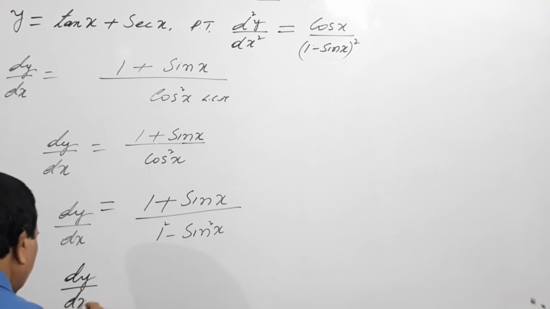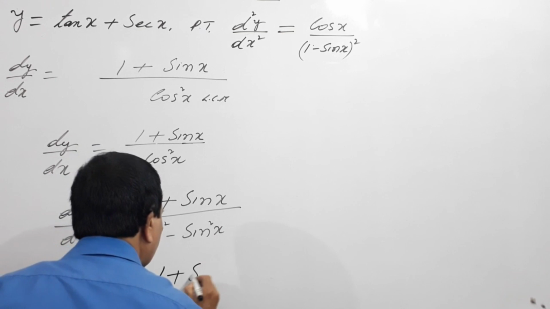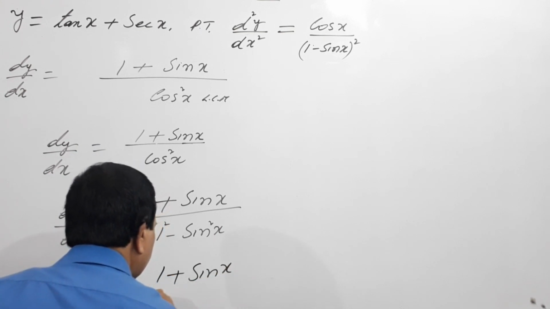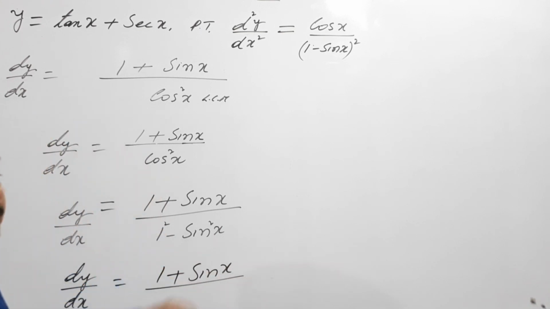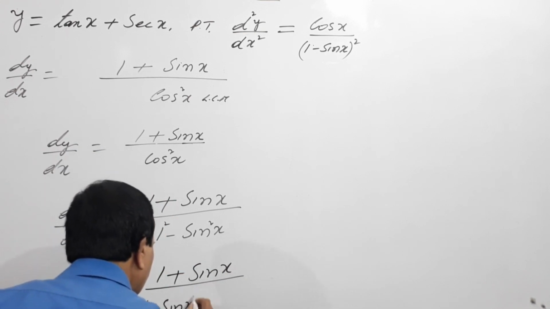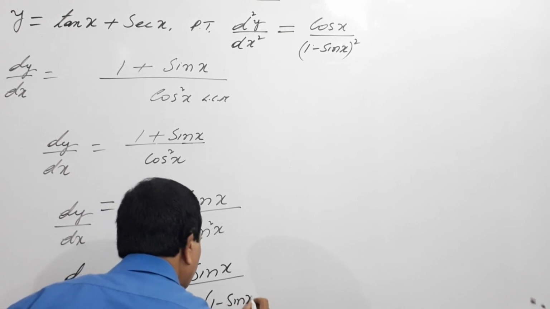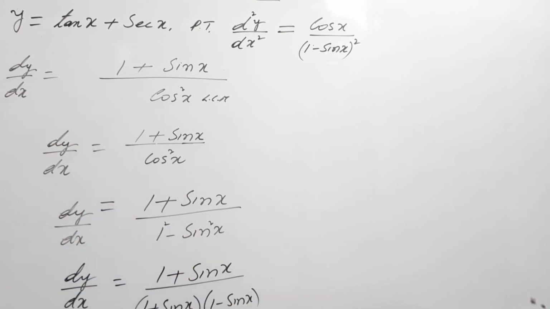So what I'll do, dy by dx equals 1 plus sin x divided by a plus b into a minus b, that is 1 plus sin x into 1 minus sin x. Can I write like this?